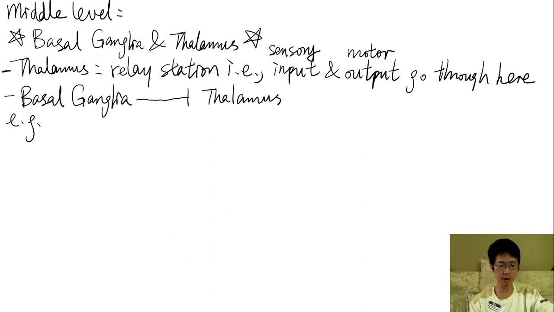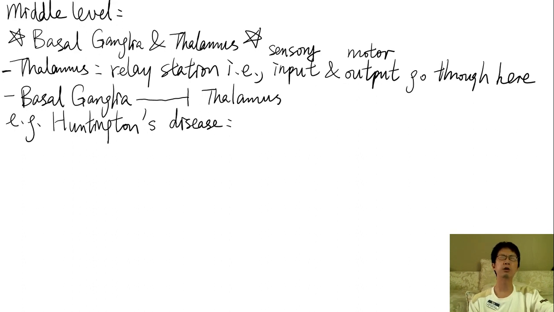They are the famous one, Huntington's disease. Huntington disease, the most famous symptom is called chorea. Chorea in Latin means dance, dance movement. What does it mean?